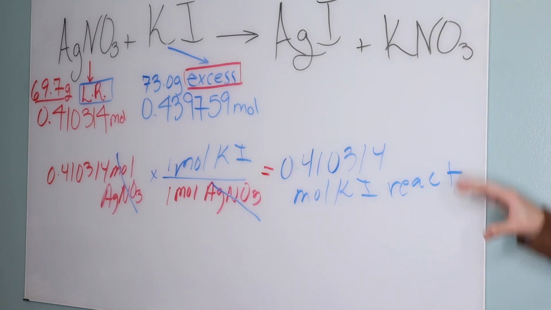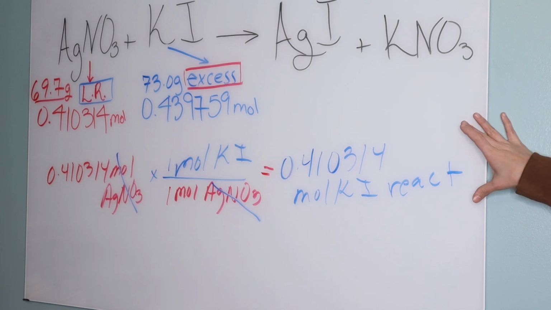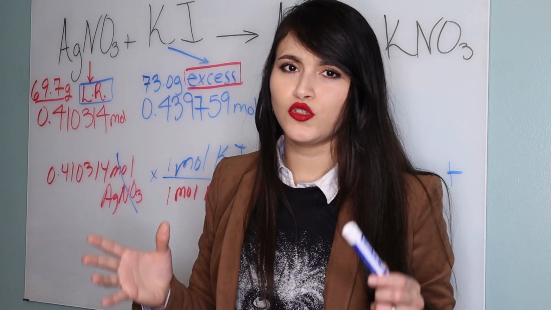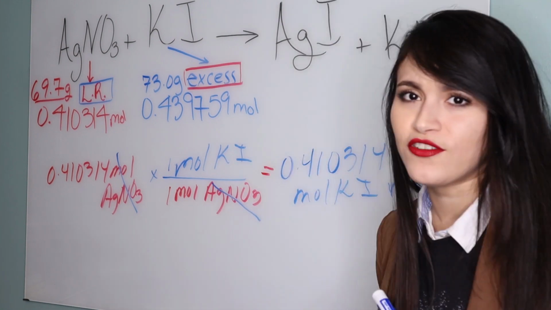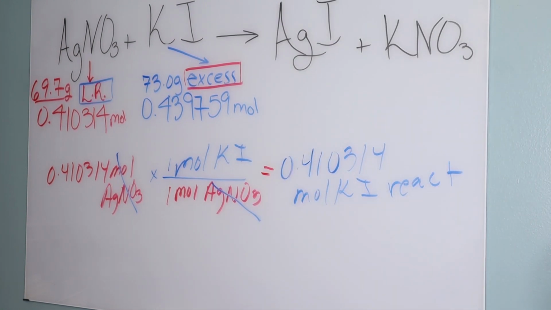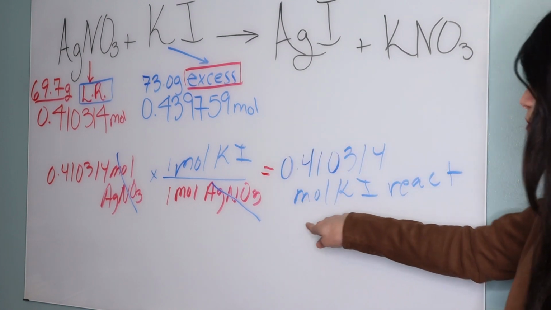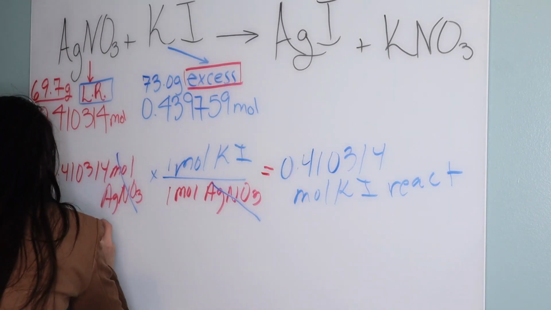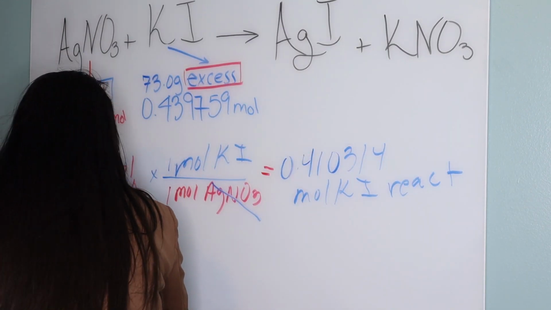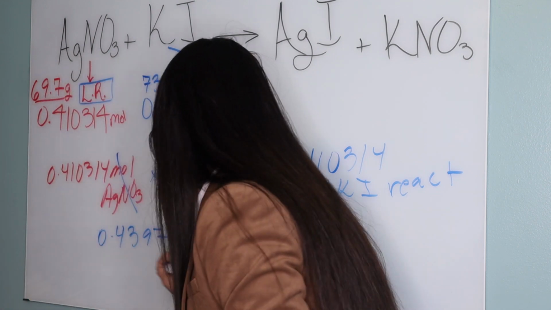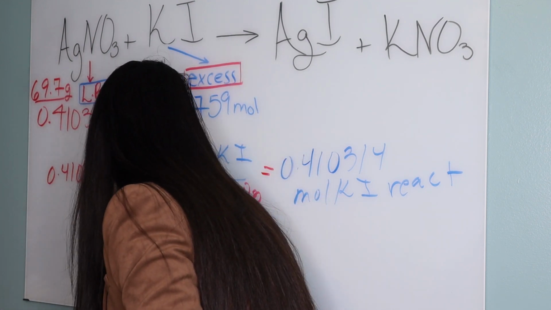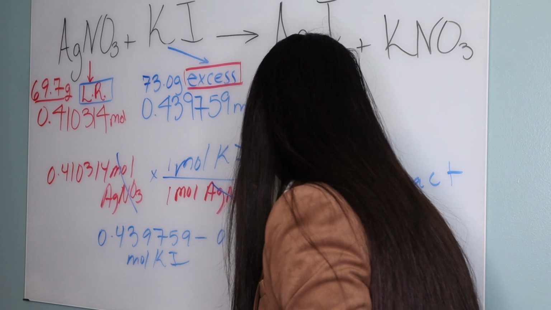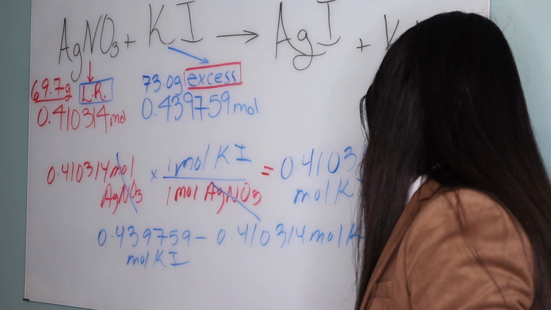Okay? So if we know that this amount of moles react, and we started out with this amount of moles, how many moles do we have left over? Think about that for a second. What do you have to do? So if I know that I started out with this, and this amount of moles are going to react, then I'm going to find out the difference. 0.439759 moles of potassium iodide minus 0.410314 moles of potassium iodide.